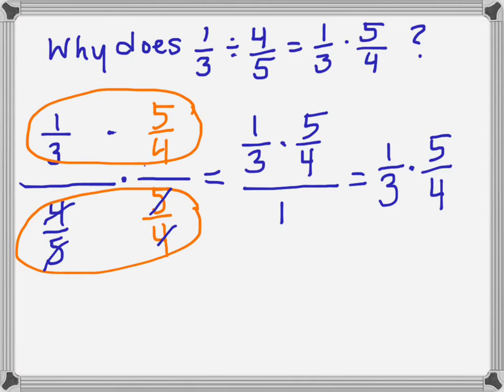Alright, so I started with my original division problem, 1/3 divided by 4/5. That's this one on the left. And then I went through all of these steps, and really the only change that I made was to multiply both of these fractions by the number 1.